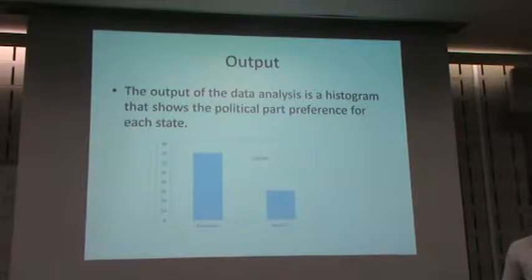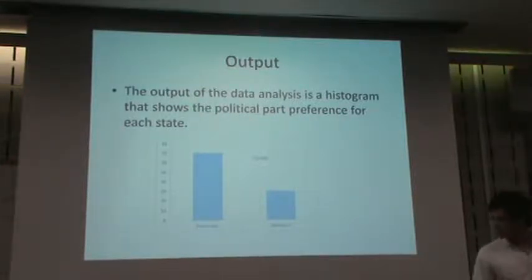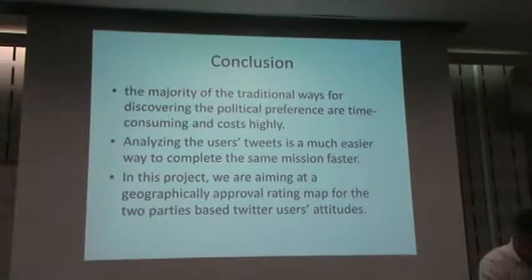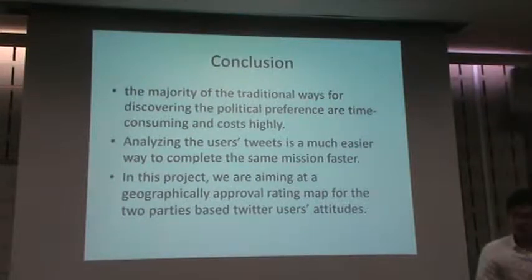As we mentioned before, we can use the content and the location of the data, and after processing, the output is going to be a 3D map based on the users' preferences for the different parties, a 3D histogram shown for the specific state. Okay, thank you.